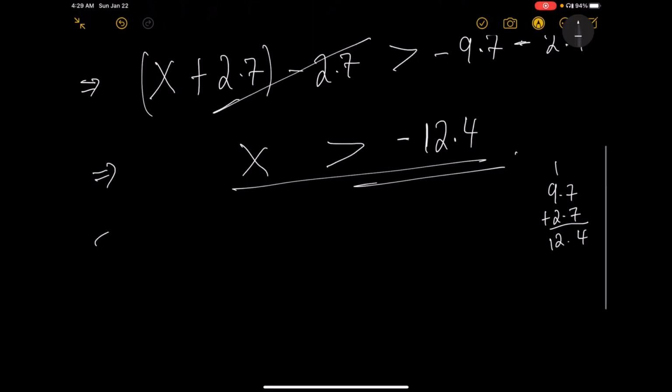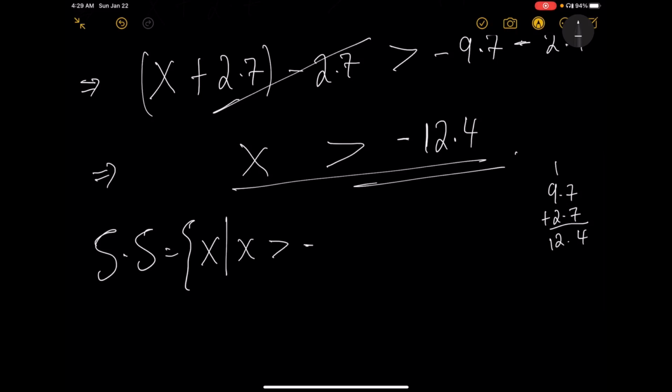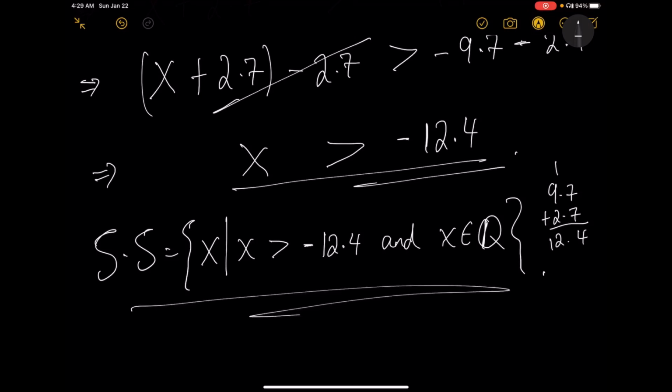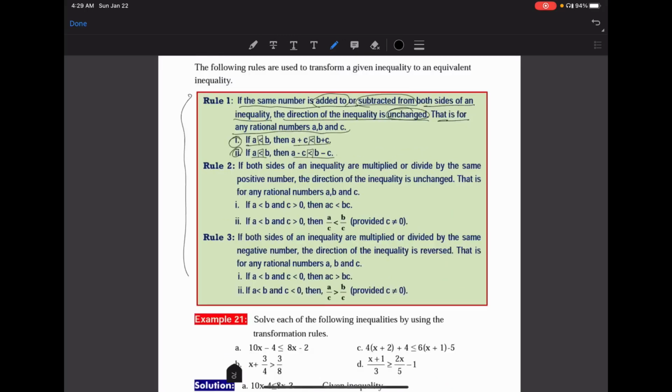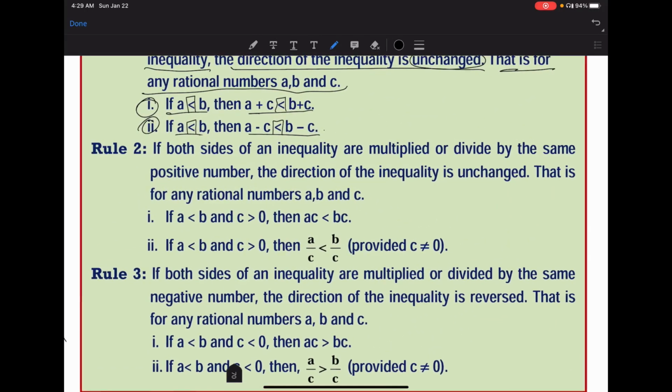Okay, now let's write our solution set. The solution set is equal to the set containing x such that x is greater than negative 12.4 and x is an element of the set of rational numbers. Okay, so we have solved b too.